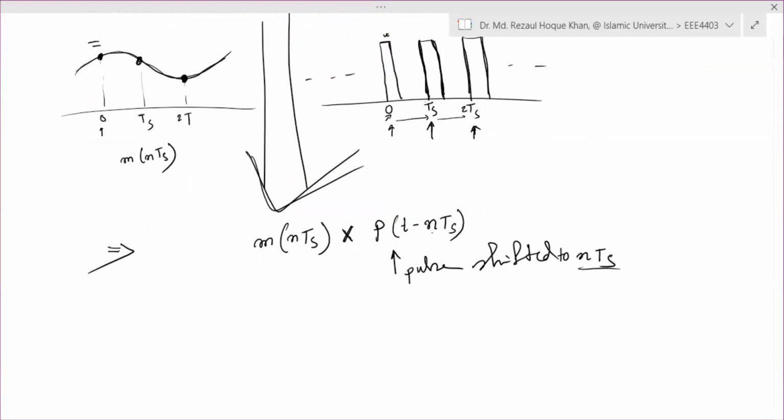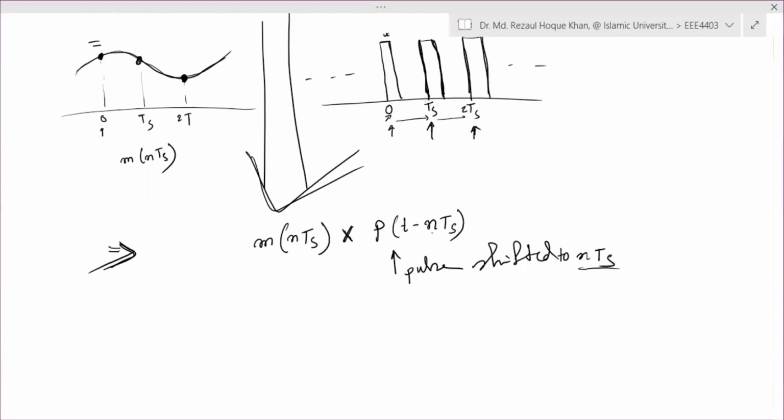Now this is the pulse amplitude modulated signal. What we find so far is that pulse amplitude modulation is known by other terms, right? It's sample and hold, and flat top sampling.